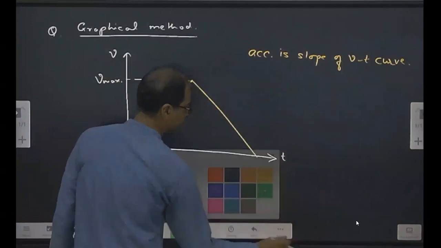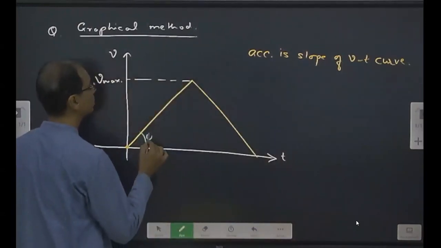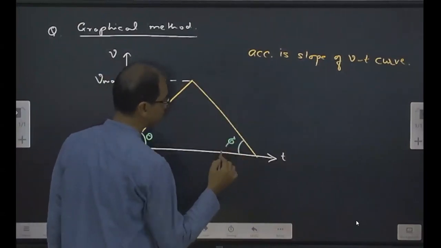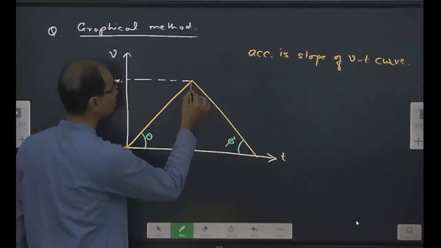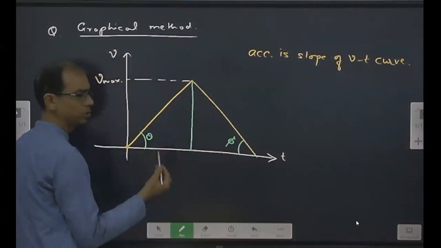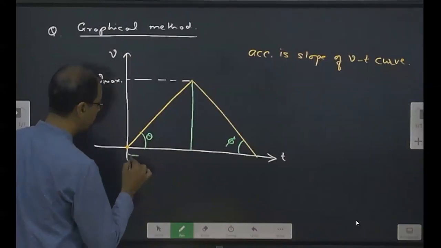Now what can we do? Let's assume this angle is theta and this one is phi. Make them as two triangles, one showing acceleration, one showing retardation.